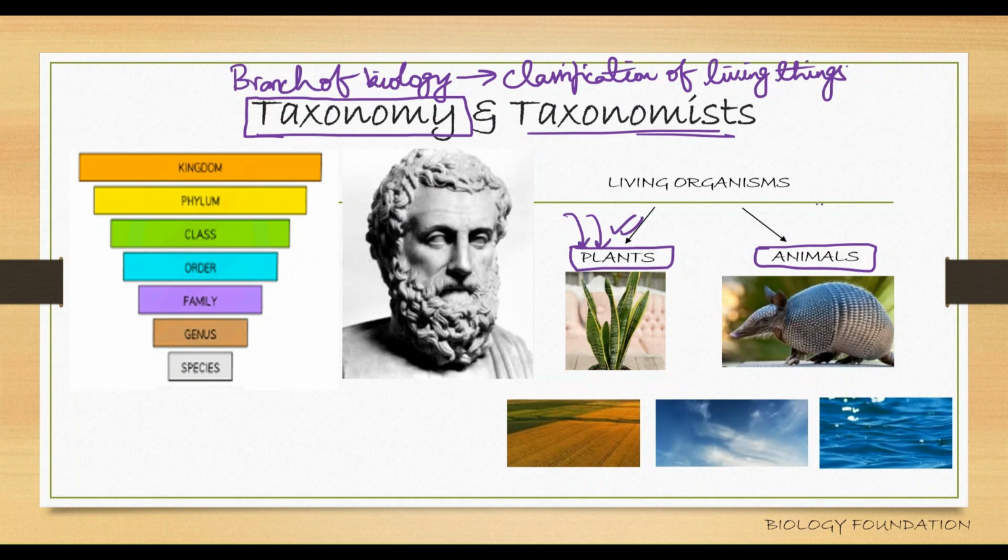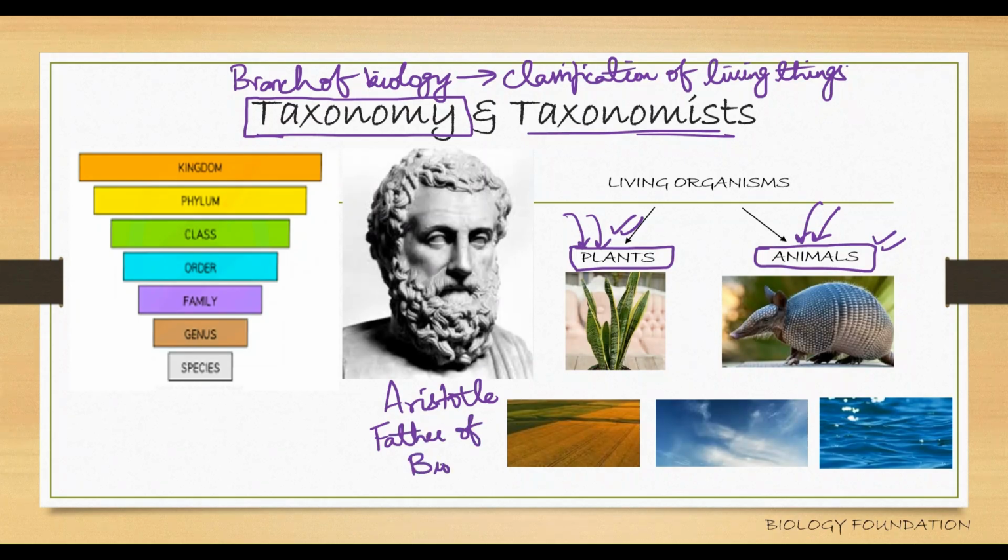And those that cannot synthesize their food were placed in the group animals. This process of classifying living organisms into plants and animals was first done by Aristotle. And he is known as father of biology.